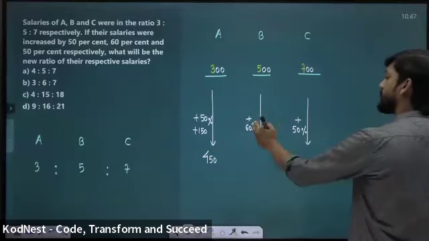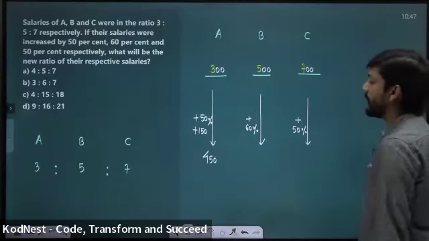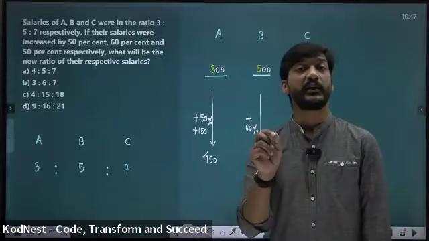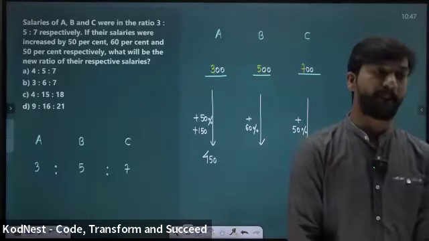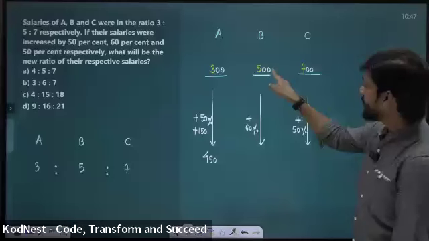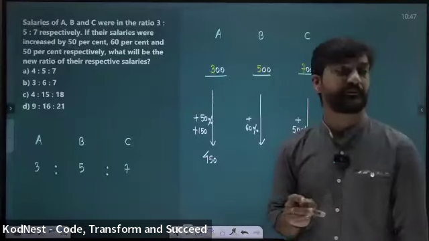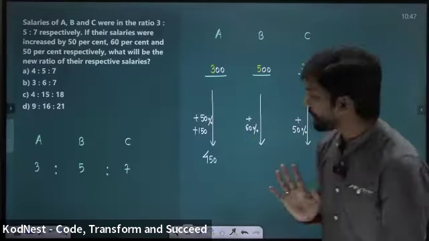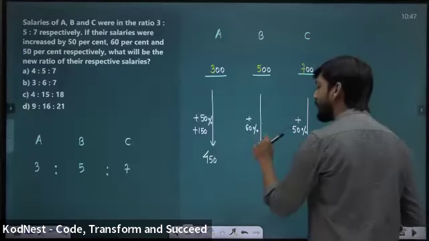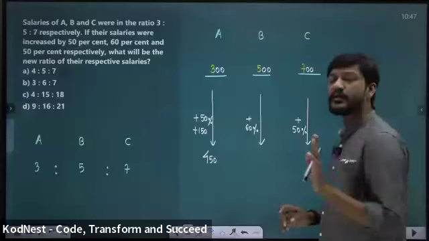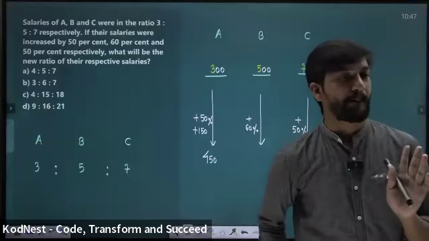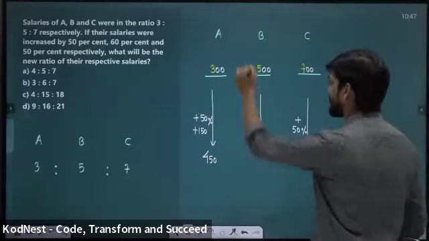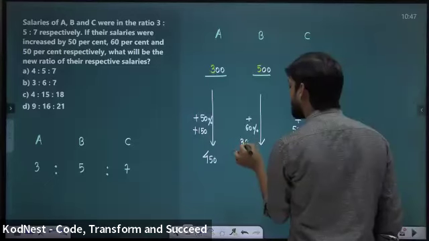For this 60%, don't tell me 60%, tell me 10%. 10% of 500, how much? 50. Just remove one zero and you will get 10%. If 10% is 50, 60% will be 6 times, that is 300 rupees.